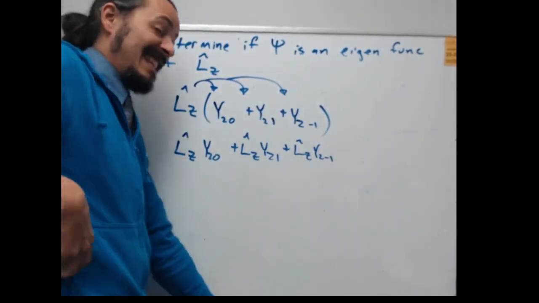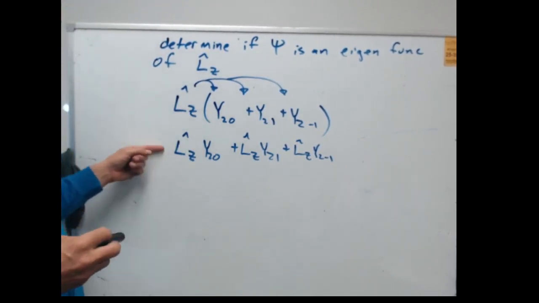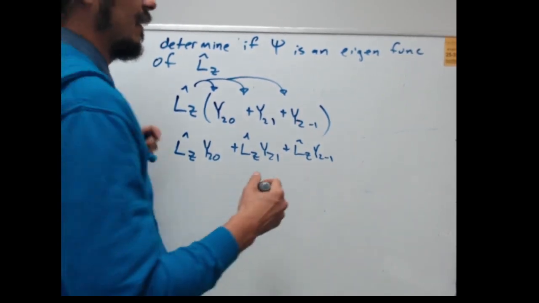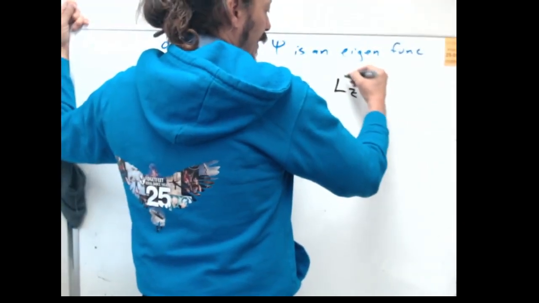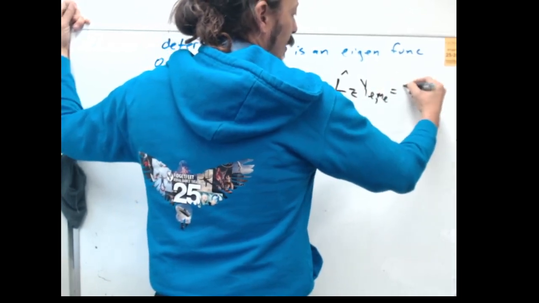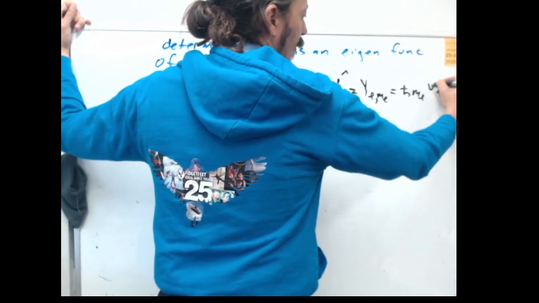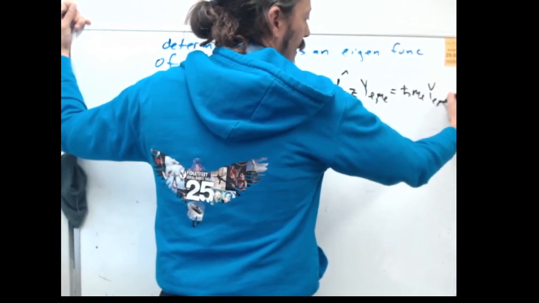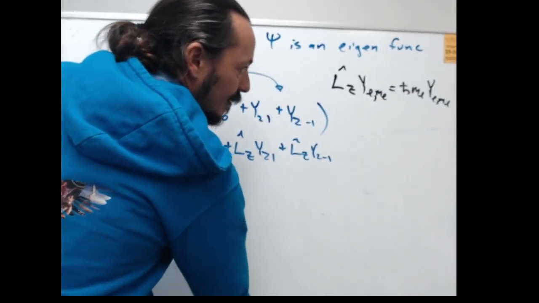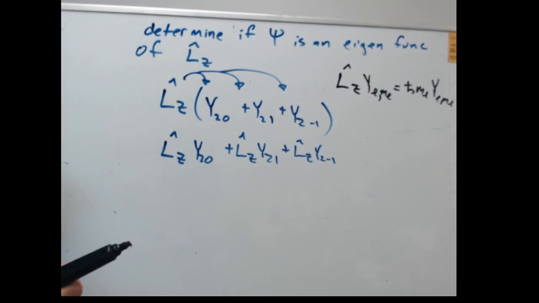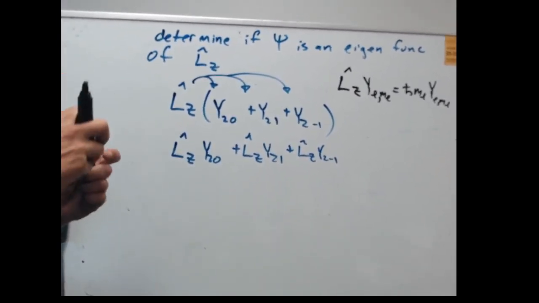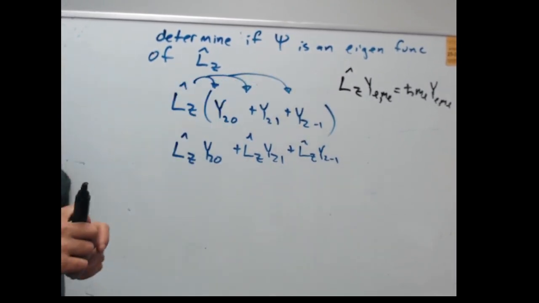In order to make this easy, rather than writing down this as like I h bar d by d phi on whatever function this is, I can just remember that LZ operating on some YL m sub L is equal to h bar m sub L YL m sub L. I know the individual spherical harmonics are eigenfunctions of LZ.